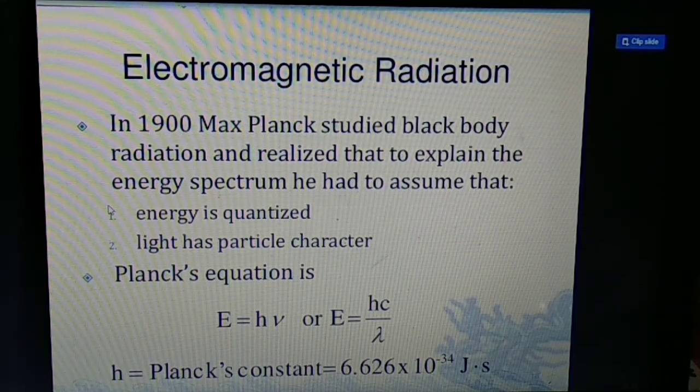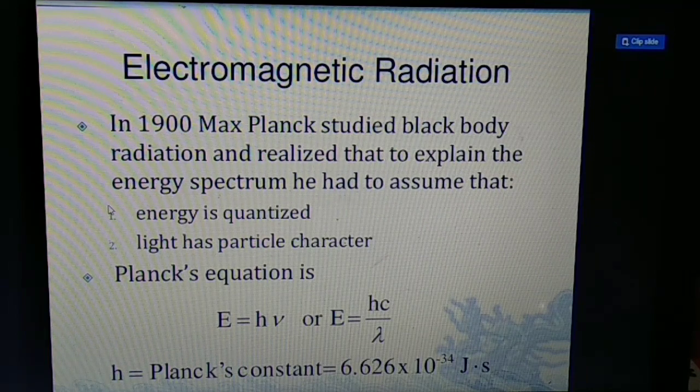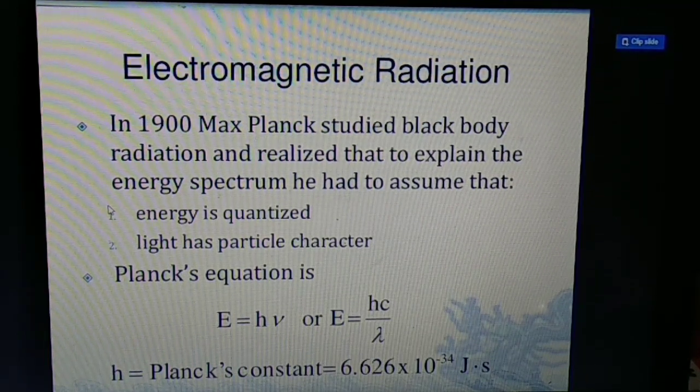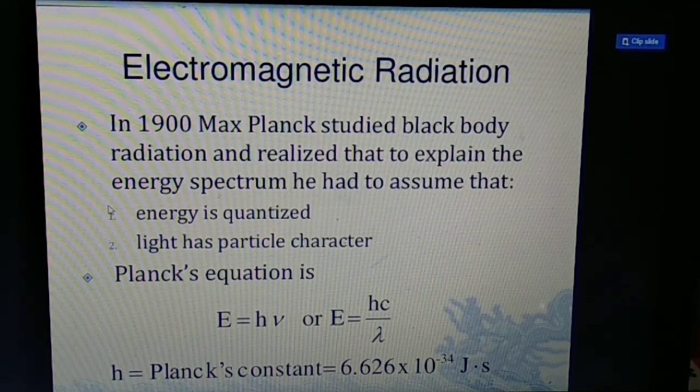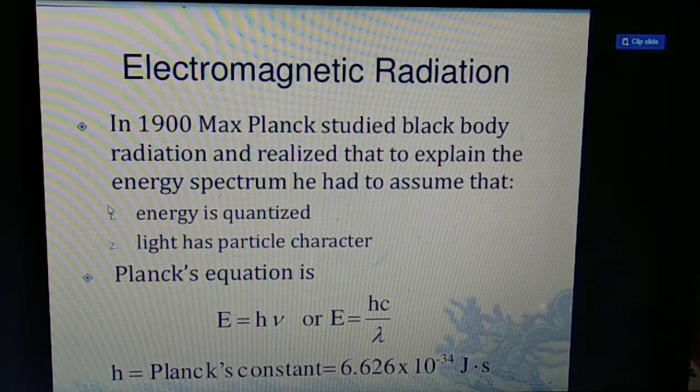In 1900, Max Planck studied black body radiation and realized that to explain the energy spectrum, he had to assume that energy is quantized and light has particle character. And Planck's equation, students, E equal to h into nu and E equal to h into c by lambda.